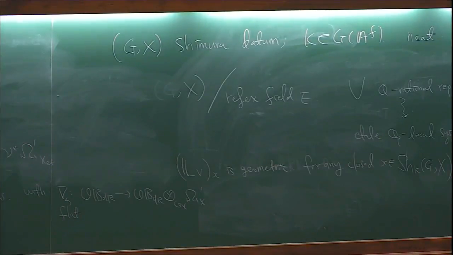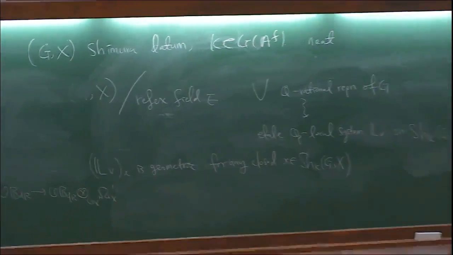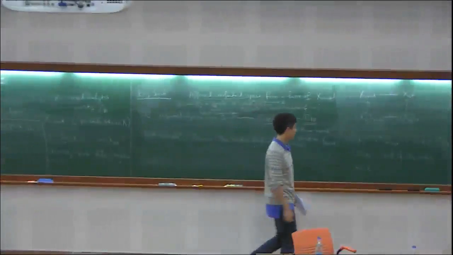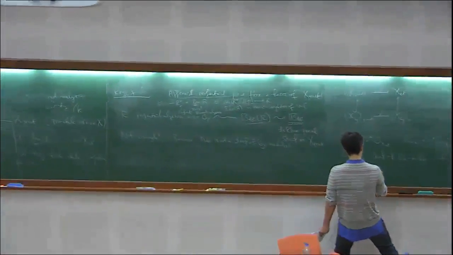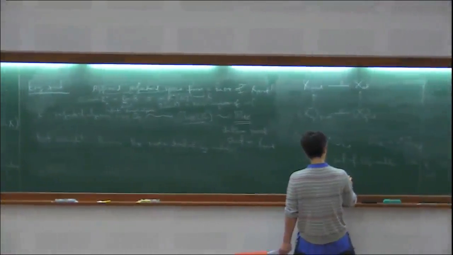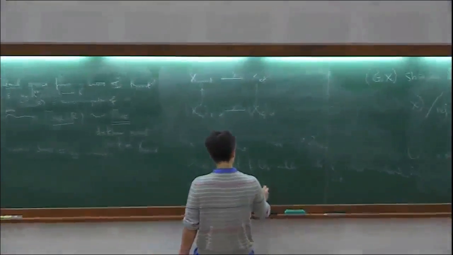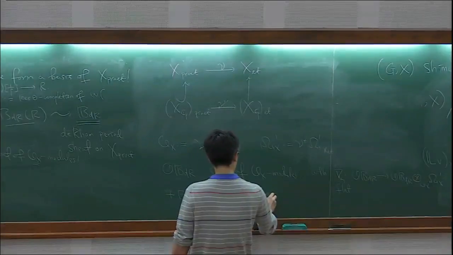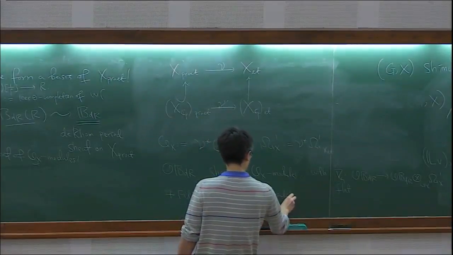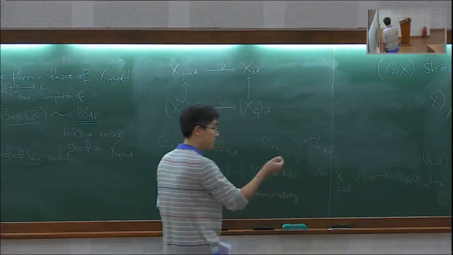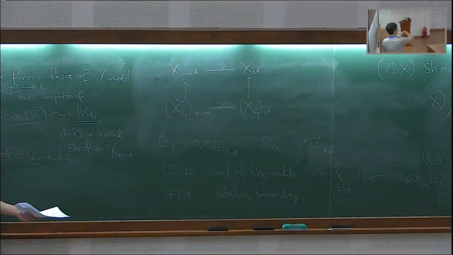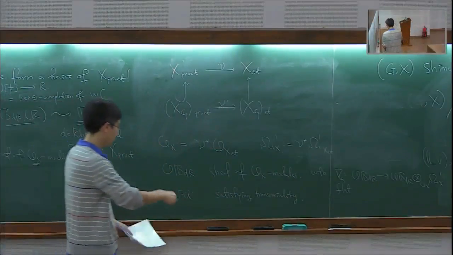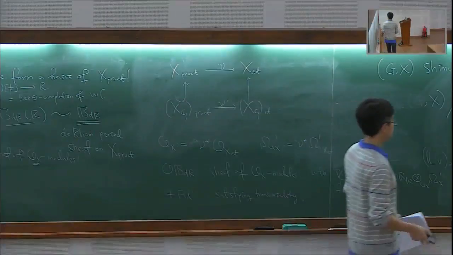And also we have a filtration on this O B_dR, the plus filtration, and it satisfies Griffiths transversality. In a geometric setup, once you have a flat connection, you always expect it to satisfy the transversality.